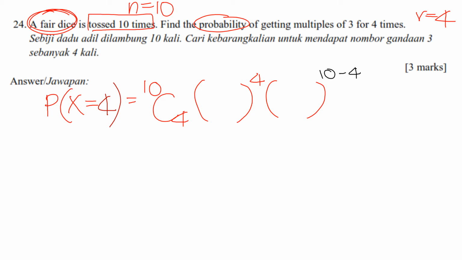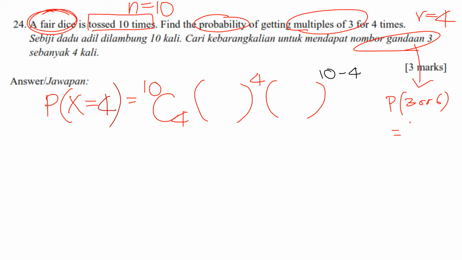So you need to determine what your P is and what your Q is. Go back to this multiple of 3, or gandaan 3. Gandaan 3 means that you want to get the probability of 3 or 6 from a dice. So the probability is 3 and 6, that is 2, over the sample space, which is 6.